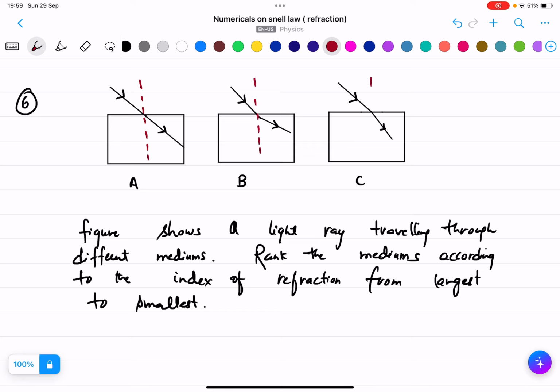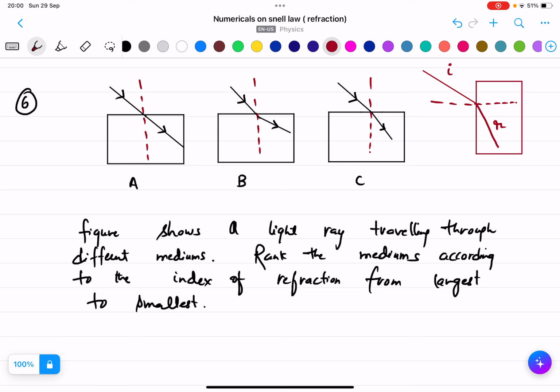Suppose a medium is given to you like this. A ray is incident here and it is refracted here. So you need to draw a normal here. So this is I and this is R. So you can check what is given to you.